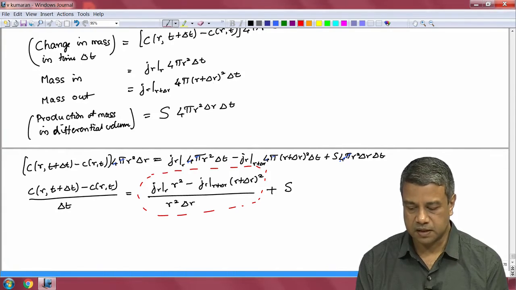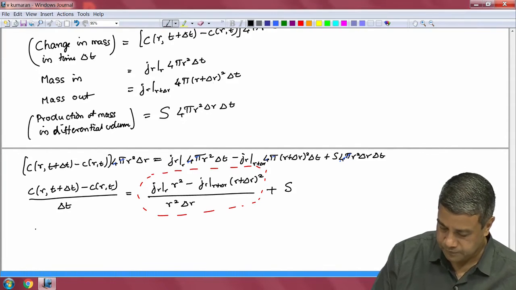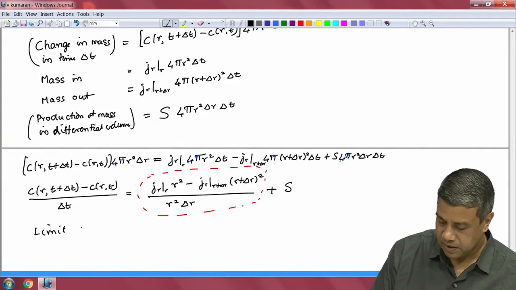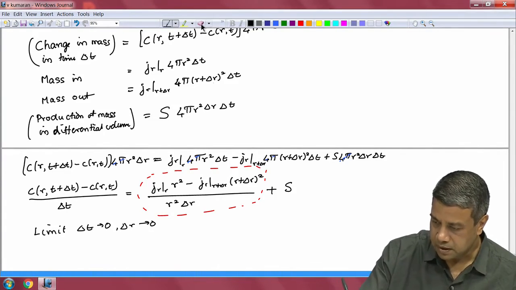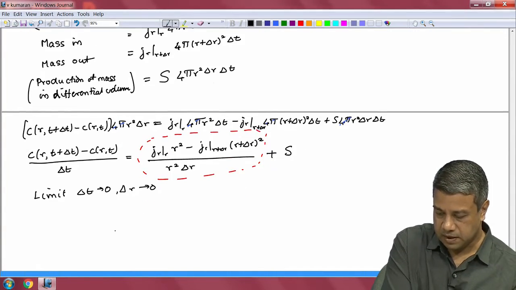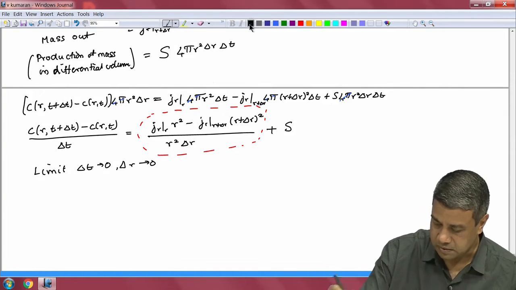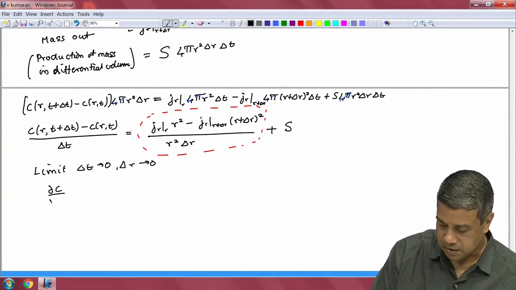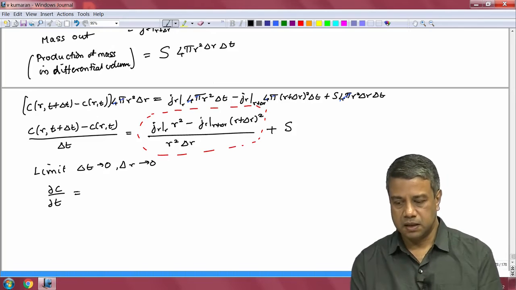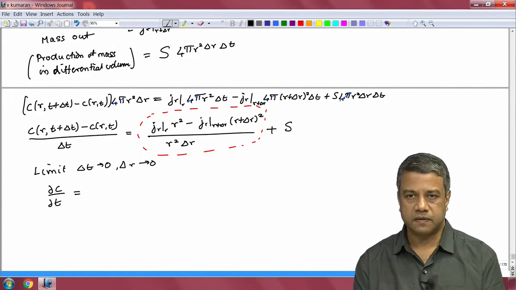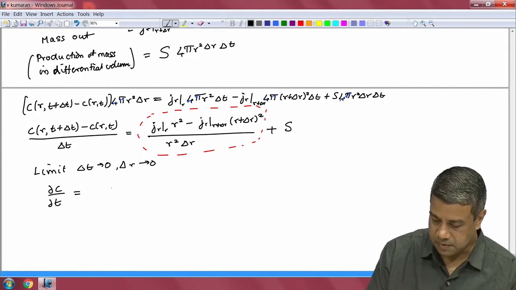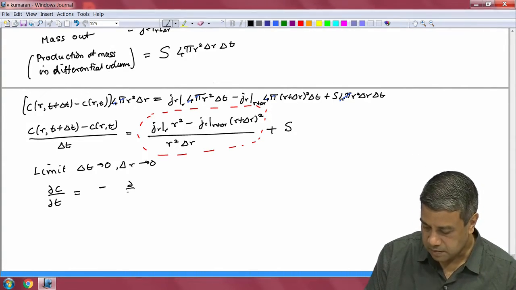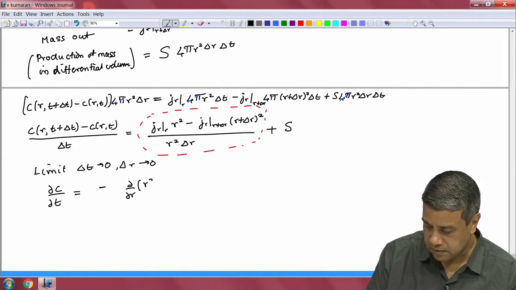So, if I take the limit delta t going to 0 and delta r going to 0, in order to get a differential equation from the difference equation, I will get partial c by partial t is equal to, here I have the difference in a function at the location r minus the location r plus delta r. So, this is going to be equal to minus of partial by partial r of r square J r.